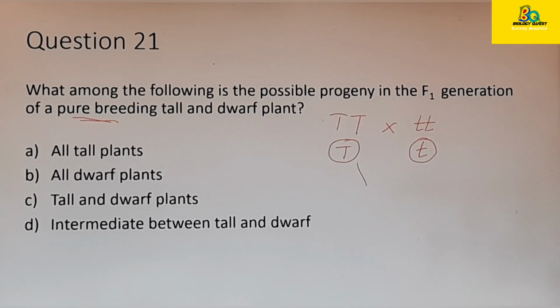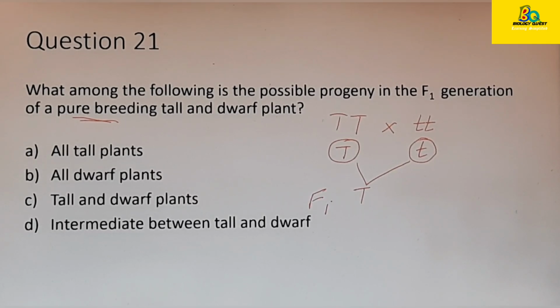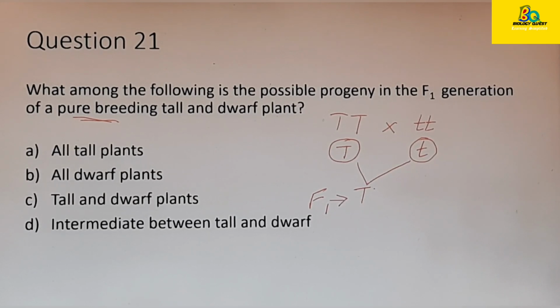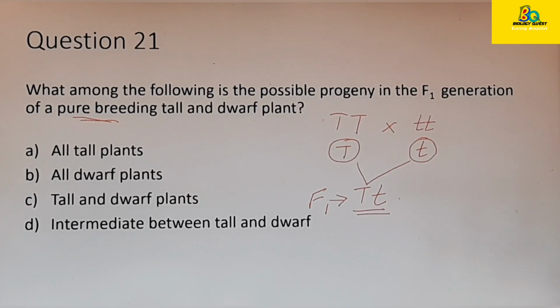So fusion of the two gametes will produce the F1 generation, the first filial generation, which have the genotype capital T, small t.